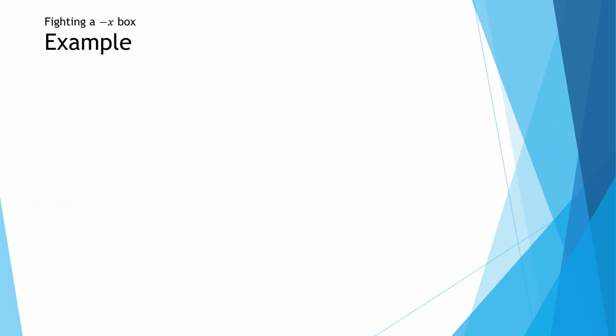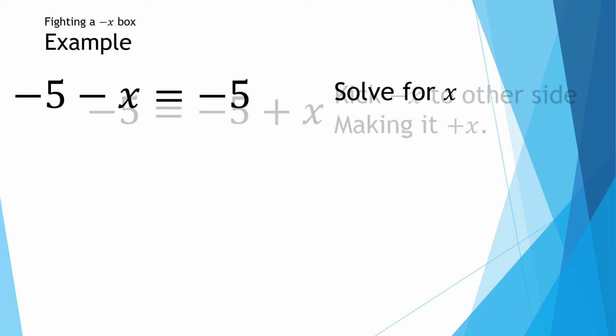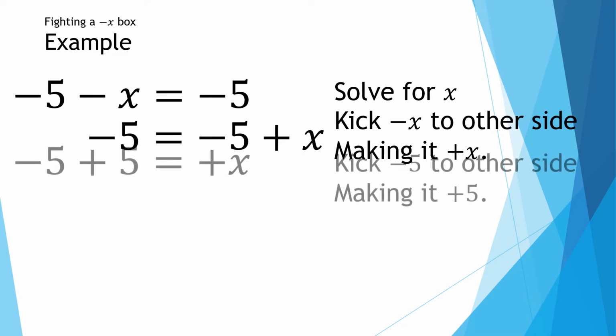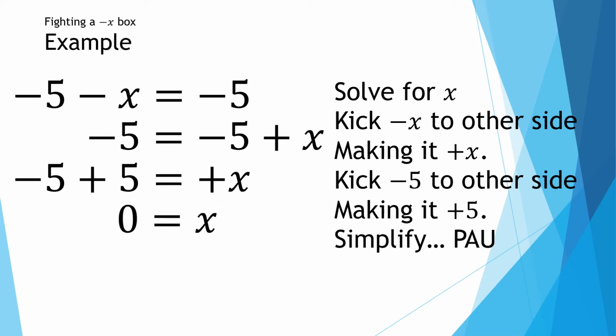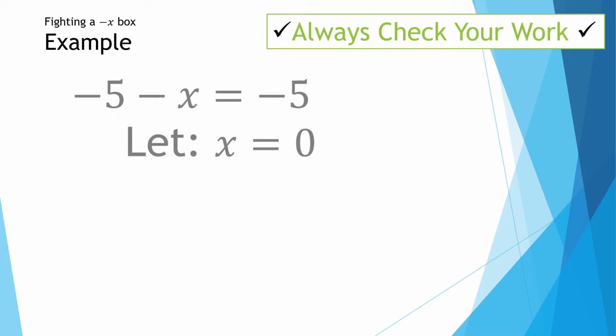All right, let's look at this problem using symbols. Negative 5 minus x equals negative 5. Move the x over. Move the 5 over. Negative 5 plus 5 is actually equal to 0. And we're done. Well, we're not done, because what we need to do is always check our work.